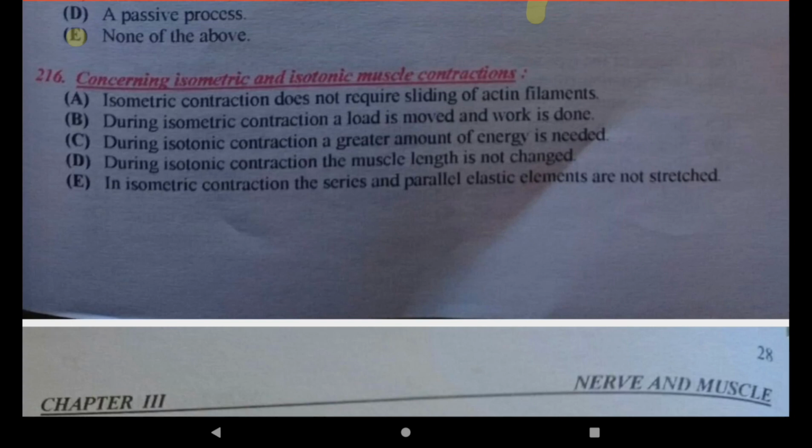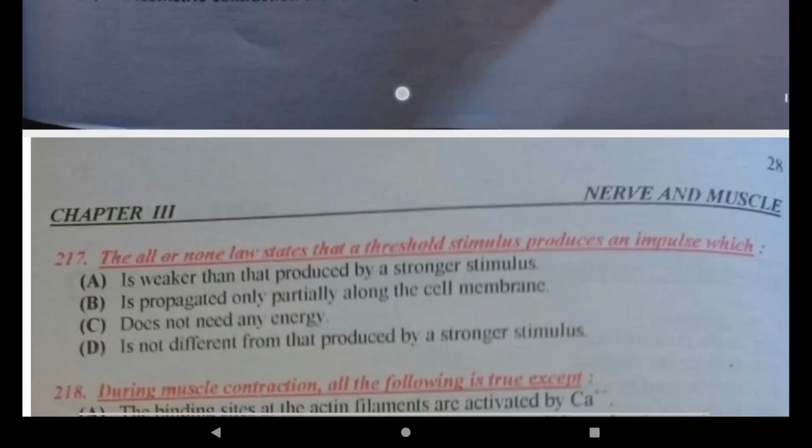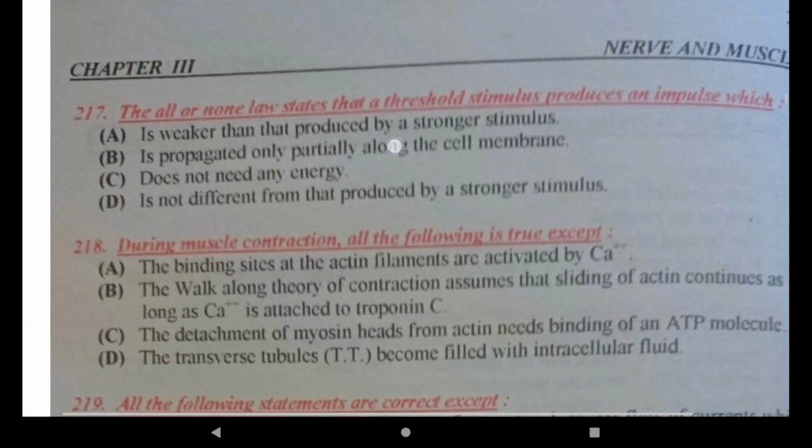And it is not correct to say that in isometric contraction, load is moved and work is done. That is in isotonic. It is not correct to say that during isotonic contractions, the muscle length is not changed. It is changed.